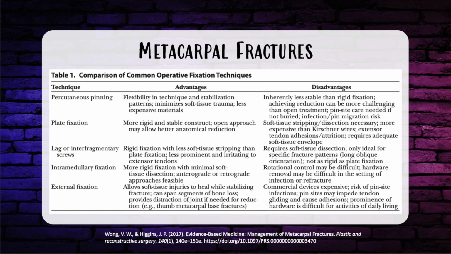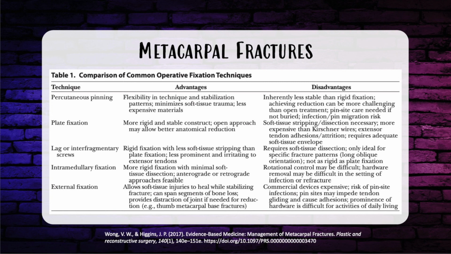An impaction can lead to shortening and or angulation, which is tolerated more than rotational deformities. That's important to know. And the way to remember this is because of the pinch function of the hand. Similarly, shortening is well tolerated as long as there's no extensor lag. So when would you consider operating on a metacarpal fracture? Good question. Surgery is indicated when malrotation causes scissoring of the affected digit, which in turn will affect the neighboring digits.